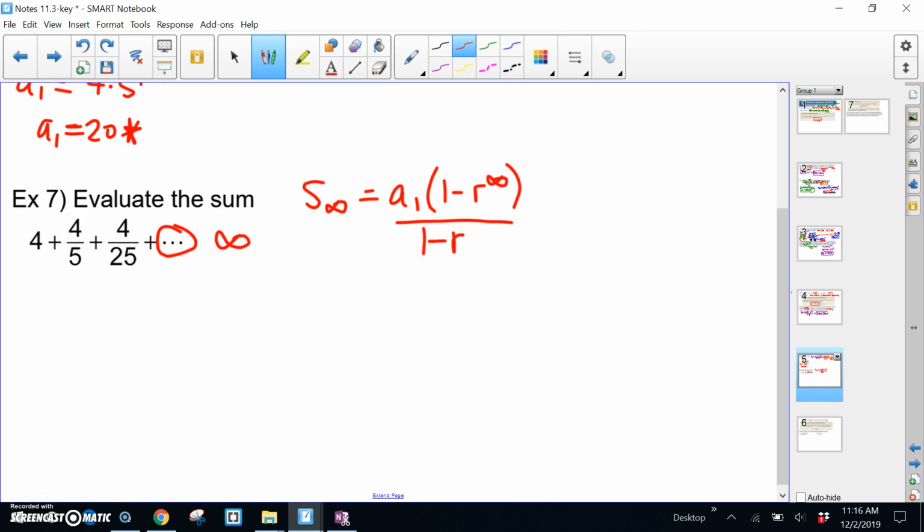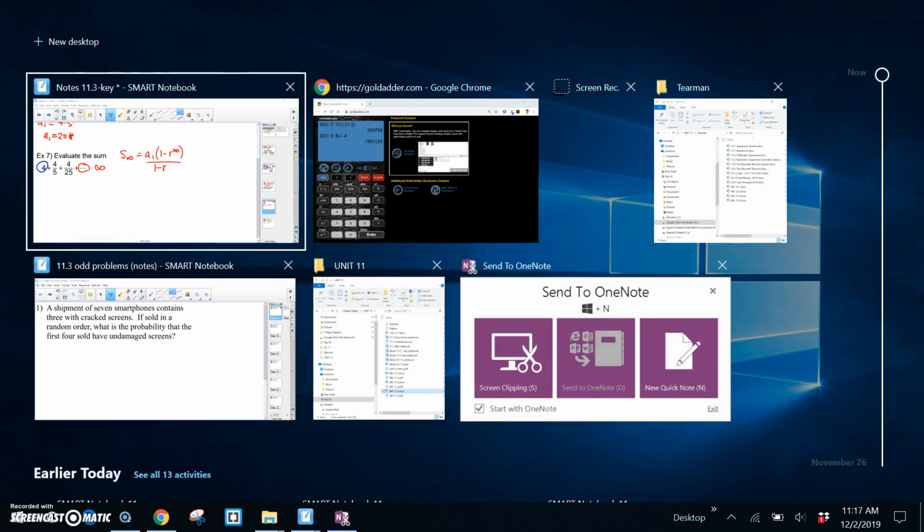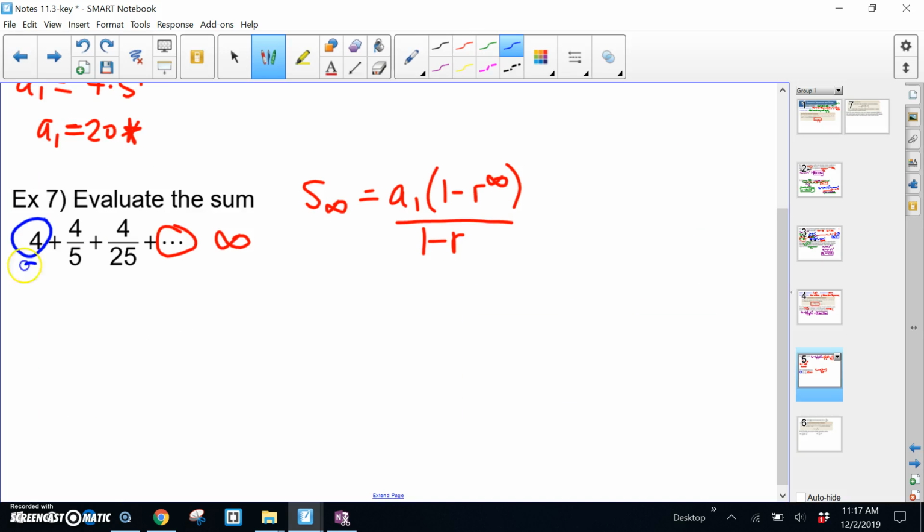So that's kind of weird. We can't really plug in infinity. But I can see a1 is 4 really quickly. And then think about how you're getting from term to term. It looks like we're dividing by 5.